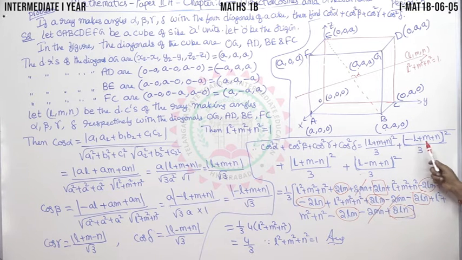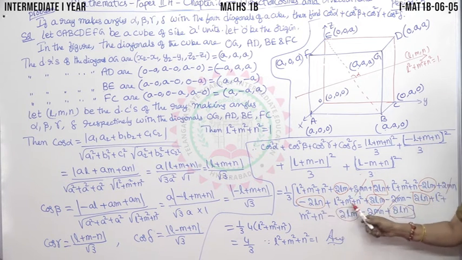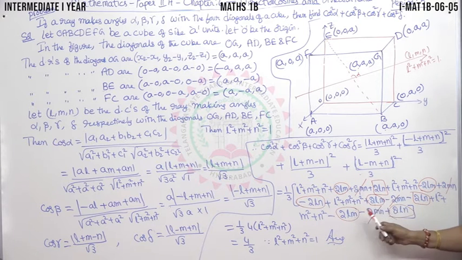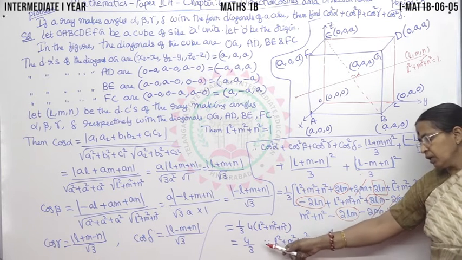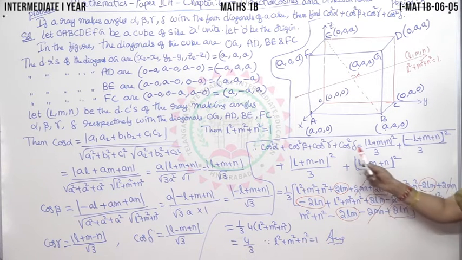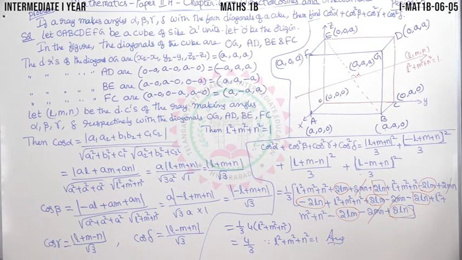Here 2AB becomes minus 2LM, 2BC is 2MN, 2CA becomes minus 2LN. Like that you write the answer. So you will get 4 times L square, 4 times M square, 4 times N square, and this is equal to 1, so 4 by 3. So the value of this is 4 by 3. That is the answer. This problem is very important for 7 marks and you can easily solve it.